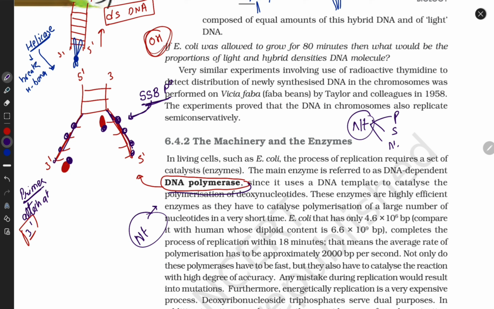Nucleotides will come and attach to these strands. But in the case of the 3 prime end, it can't synthesize properly, though it can easily synthesize on the other strand.